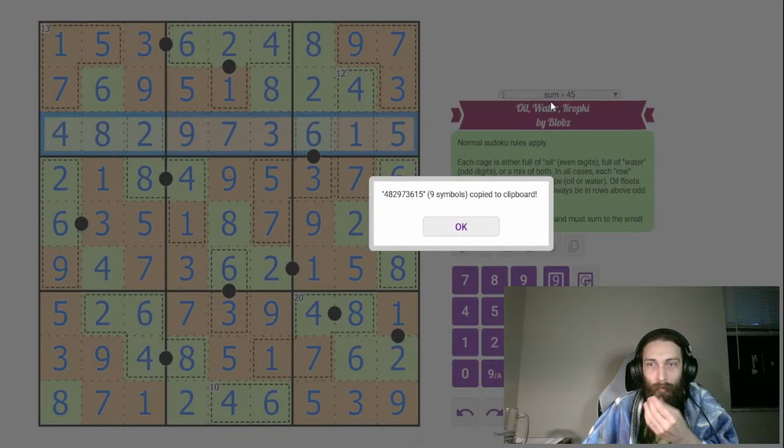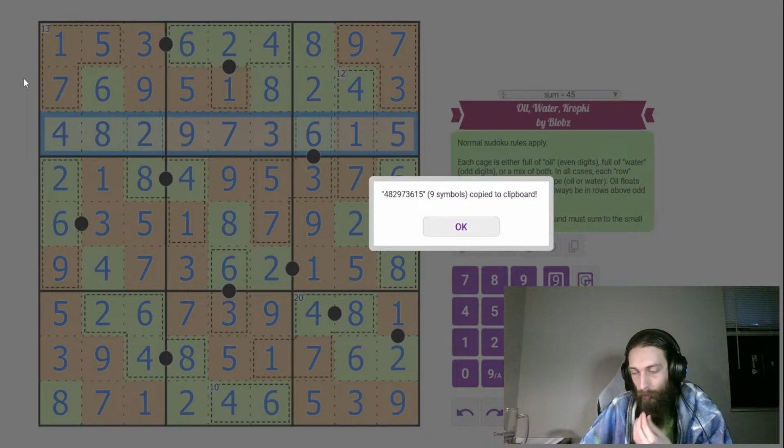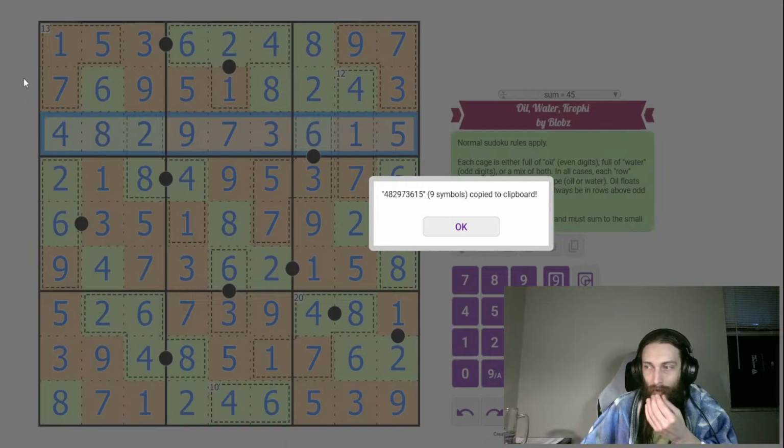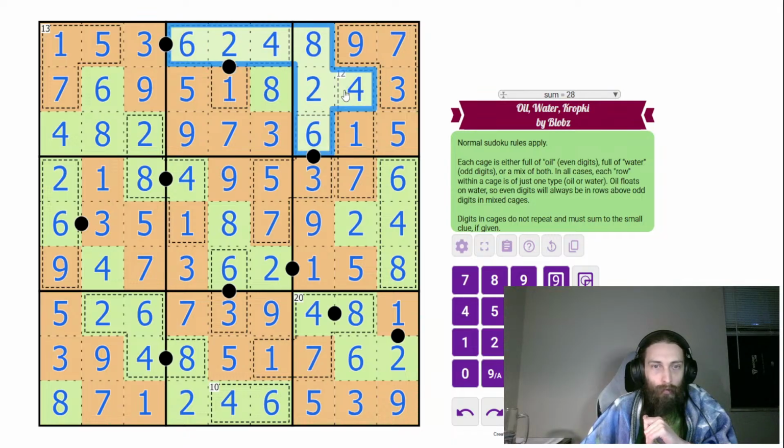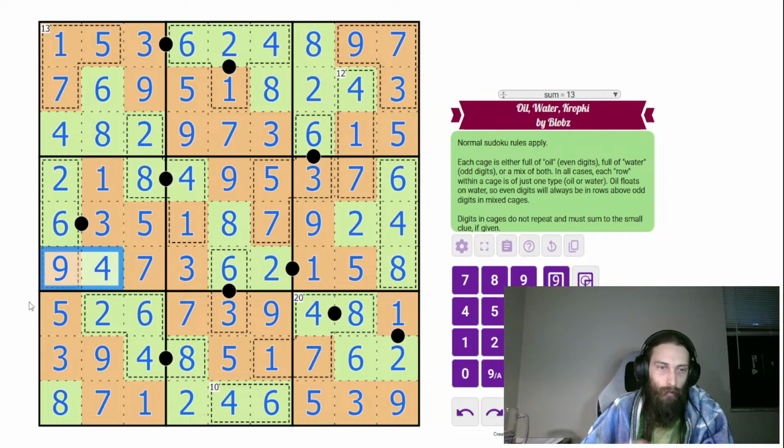I guess I kind of want to say that one was on the easier side. Even though it sort of took longer than the previous puzzle, I still feel like it was a little easier. Although I was definitely tripped up a few times by what the evens must be on top in the cages meant. And then I did mess this up, although looking back, I'm not sure how or why.